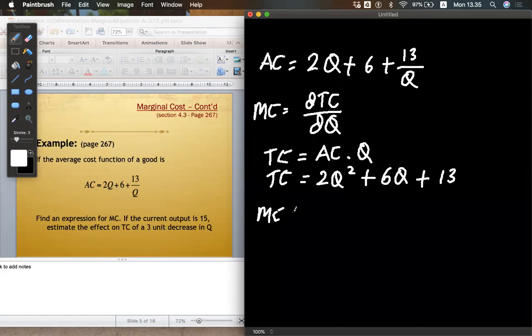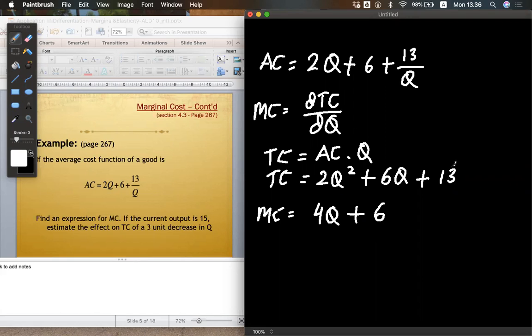And then the marginal cost. If we already know the total cost, we just need to differentiate it. 2Q squared: 2 times 2 is 4Q, and 2 minus 1 becomes 1. So 4Q plus 6Q: 6 to the power of 1, 1 minus 1, Q to the power of 0 equals 1, so 6 times 1 we can just write as 6.